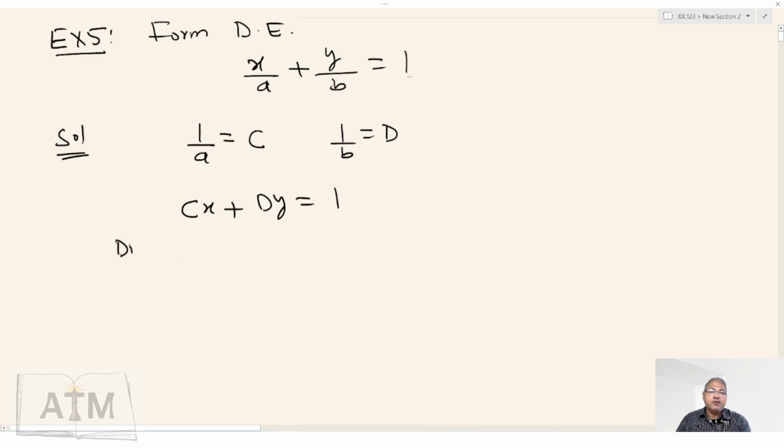Now it has been converted into a very suitable form. Differentiating with respect to x, we get c into 1 plus d into dy by dx equals 0.